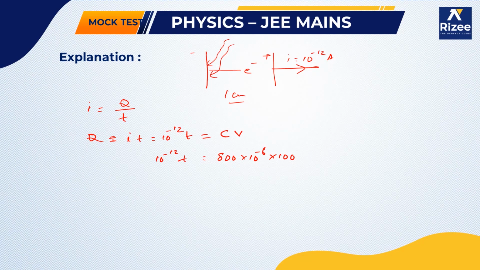So 10 to the power of minus 12 into t is equal to 8 into 10 to the power of minus 2. When I take it to the other side, t will be 8 into 10 to the power of 10 seconds. So this will be your answer.